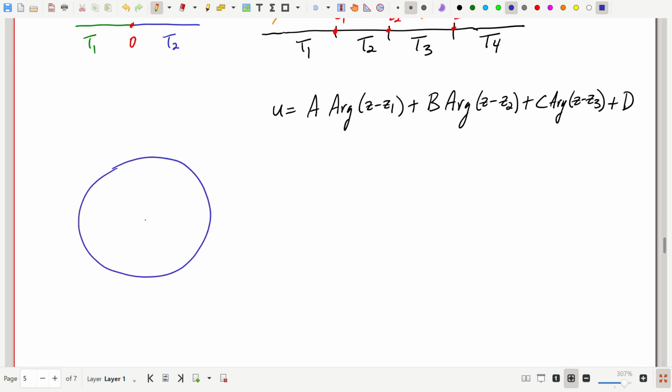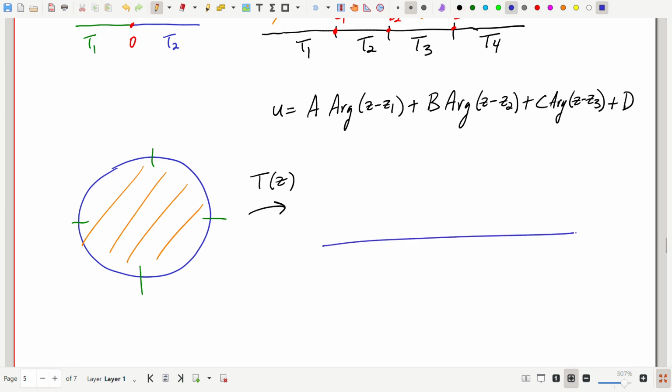So let's see, I've got a function, and I want it to be different temperatures on different parts of this circle. So the plan is I'm going to find a linear fractional transformation that maps the circle. I'm going to blow one of those green slashes out to the point at infinity and map it to the upper half plane. So let's see, this one's going to blow out to infinity.